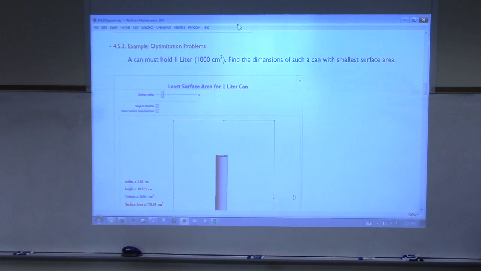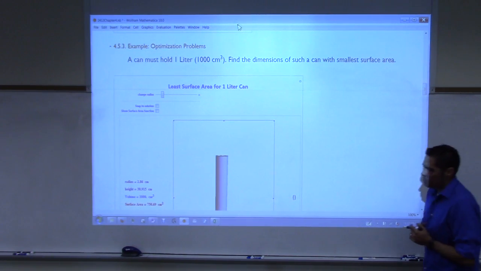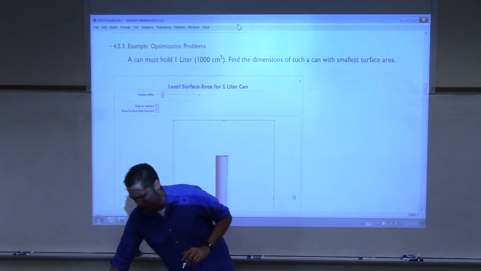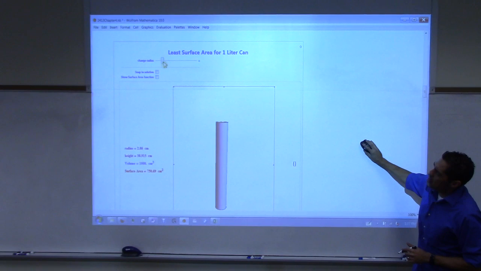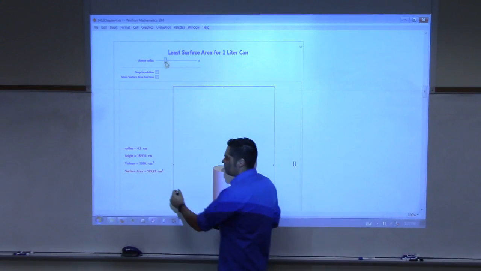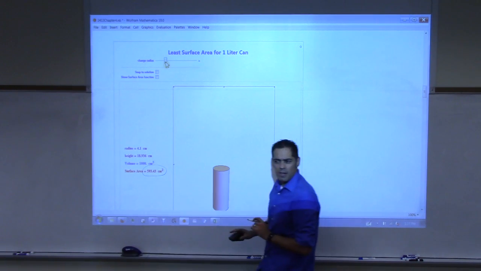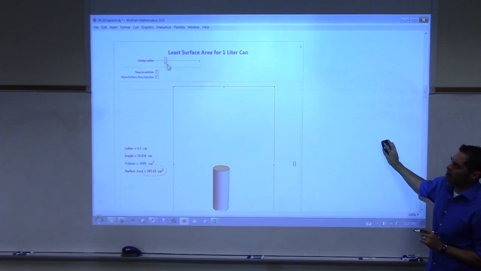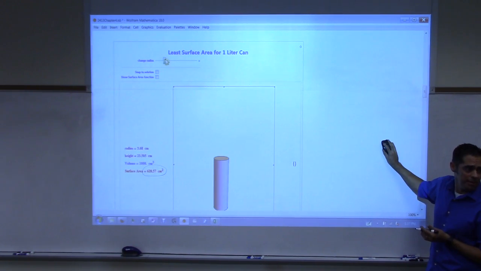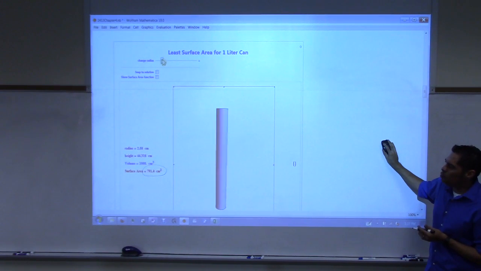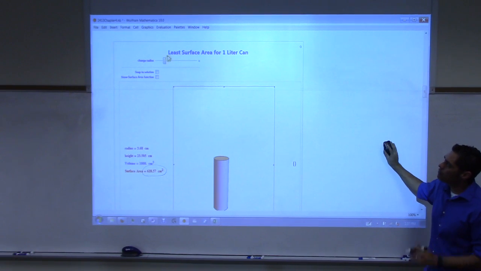From just the picture here, as I change the radius and this can takes on different shapes, I have the computer calculating its surface area. I know that's hard to read here, but it's obvious, hopefully, that the surface area is going to depend on how we build the can, right? And somewhere in there is the smallest surface area. We've got to find it.